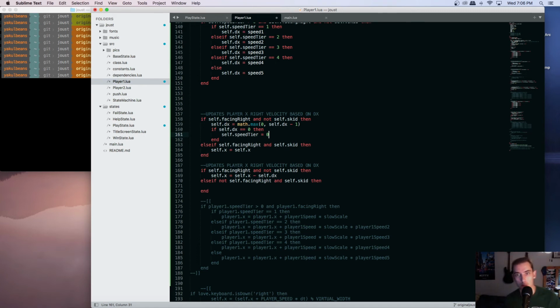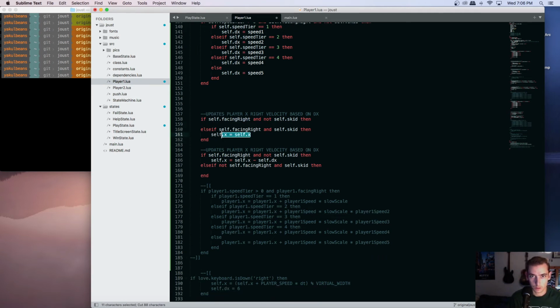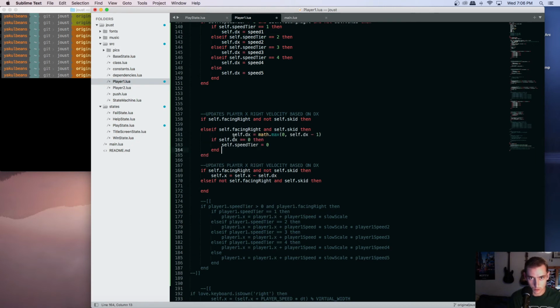Oh, and see, this I already messed up. Self skid, this needs to be here because self skid is true. So if it's facing right and skid is activated, then dx gets dx minus 1, which that's actually probably way too high.